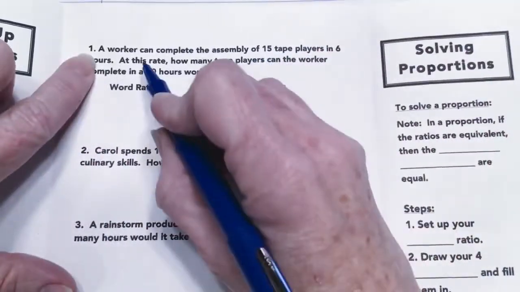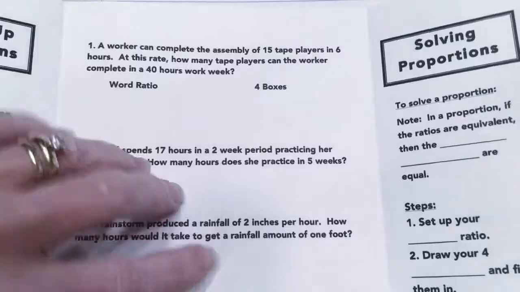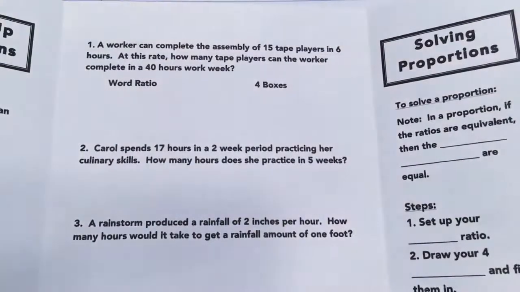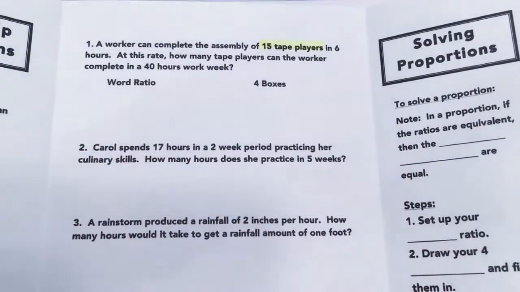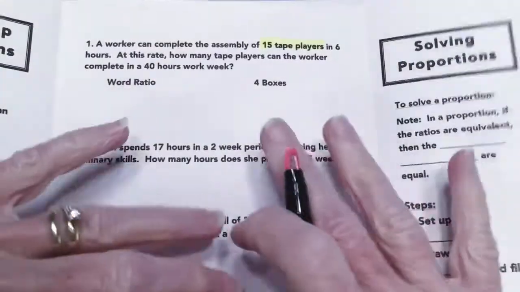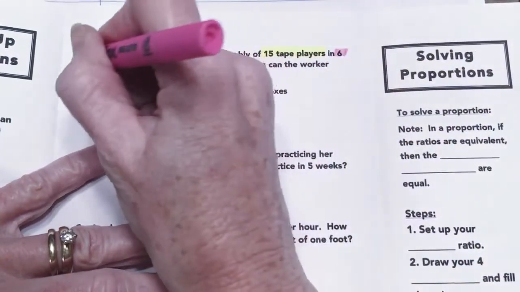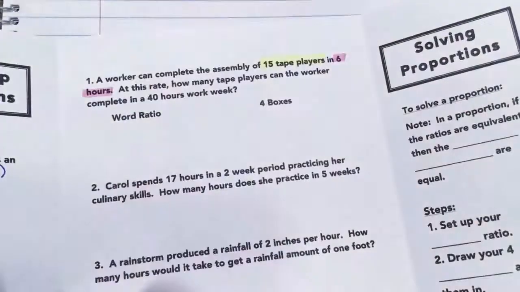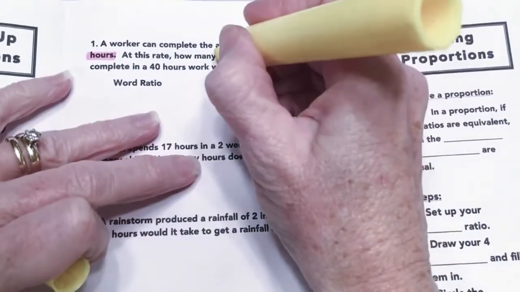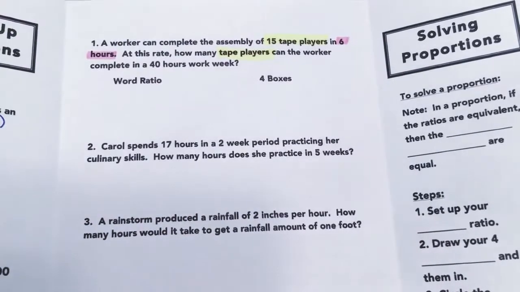So in this first sentence right here, it says a worker can complete the assembly of what? 15 tape players. 15 tape players, okay, in 6 hours. So I'm going to highlight it so maybe it'll stand out to you in 6 hours. Okay, and I want to know how many tape players can the worker complete in 40 hours?